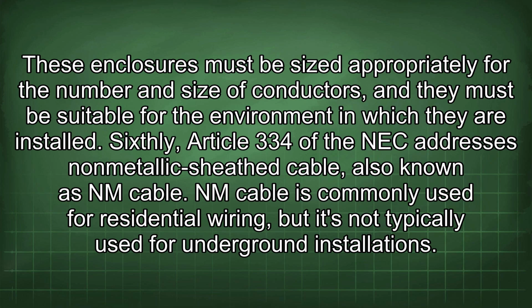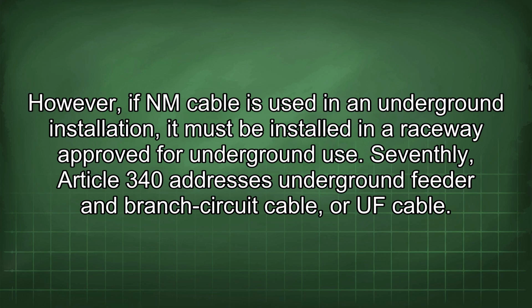Sixthly, Article 334 of the NEC addresses nonmetallic sheathed cable, also known as NM cable. NM cable is commonly used for residential wiring, but it's not typically used for underground installations. However, if NM cable is used in an underground installation, it must be installed in a raceway approved for underground use.